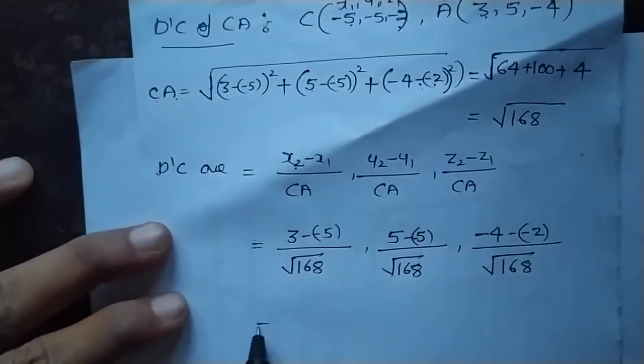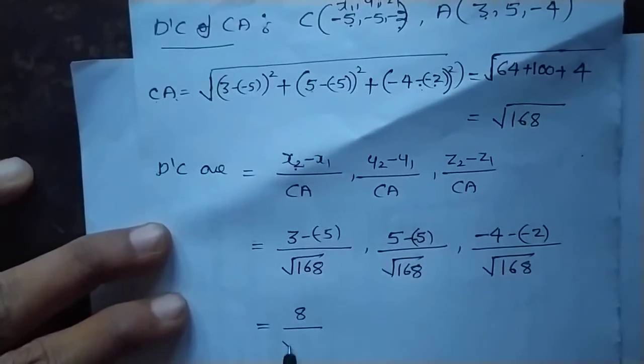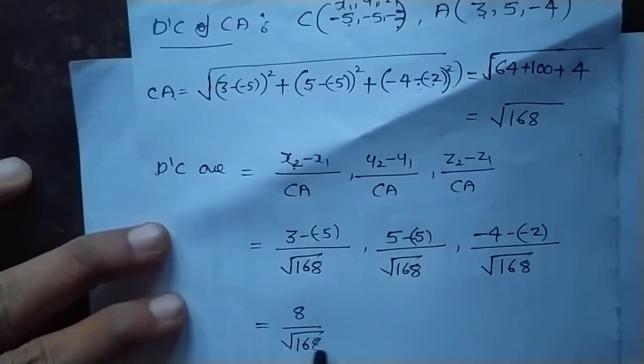That is equal to 3 plus 5, which is 8, divided by square root of 168.